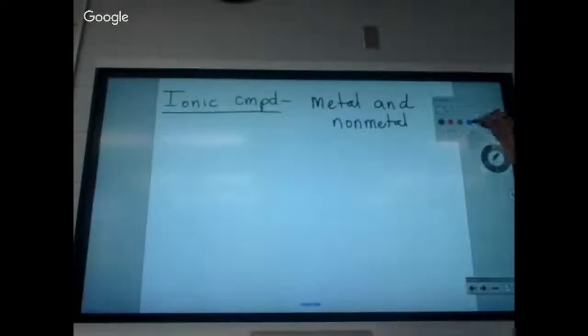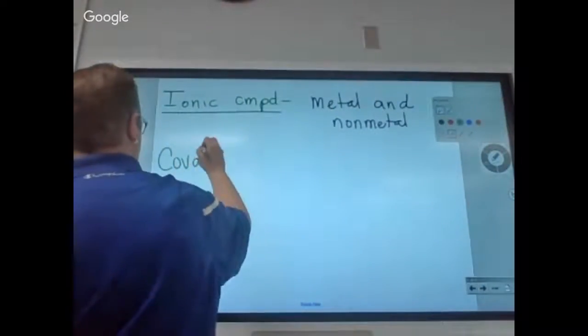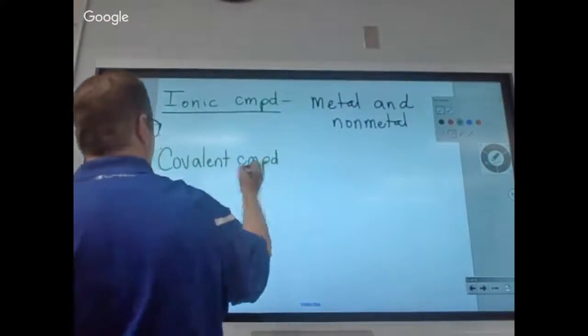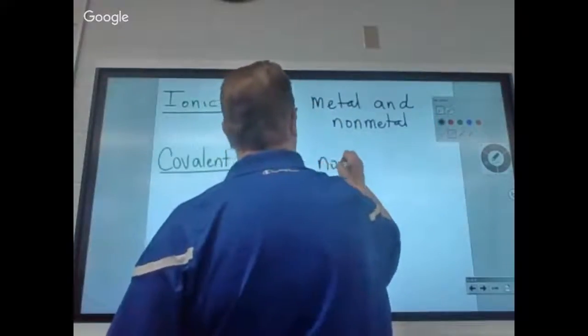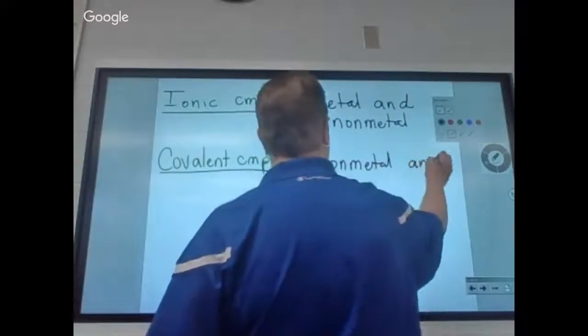A covalent compound is a non-metal and a non-metal.